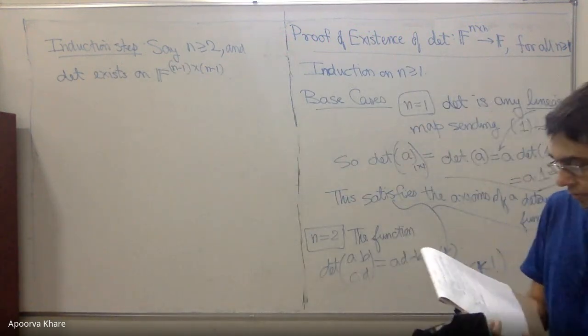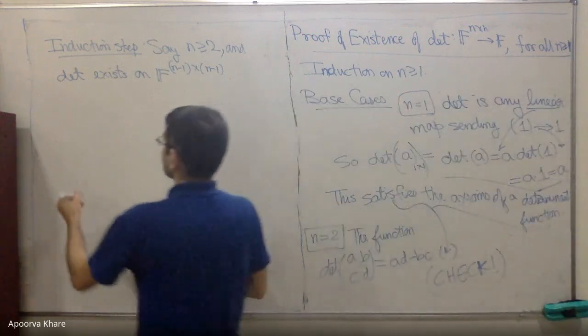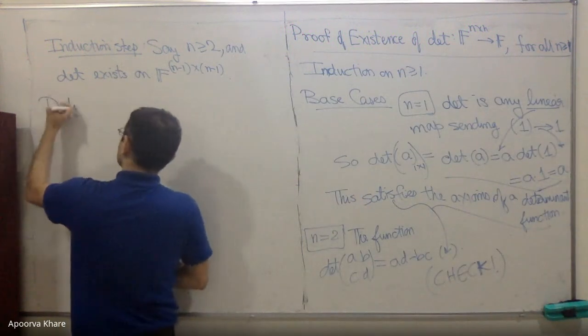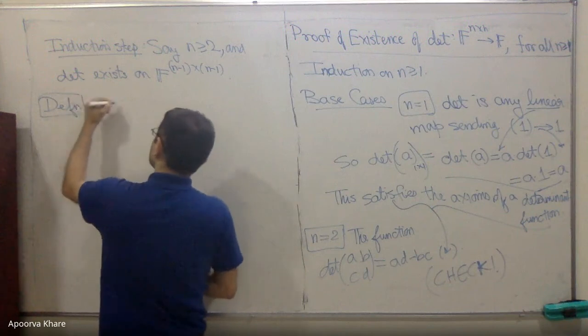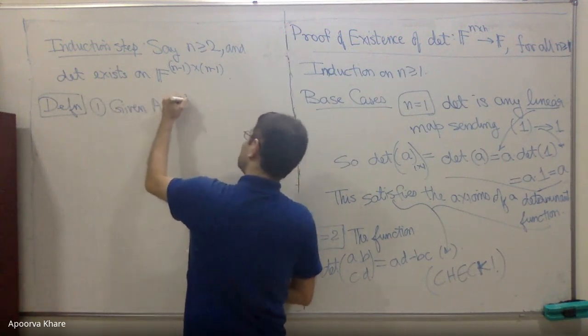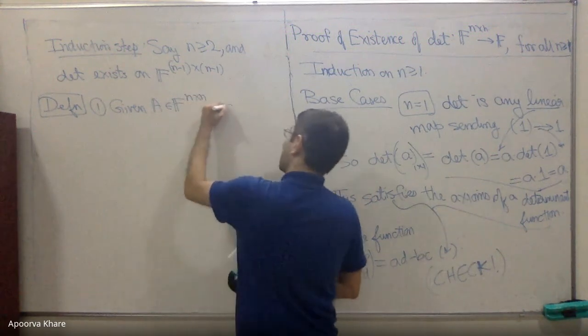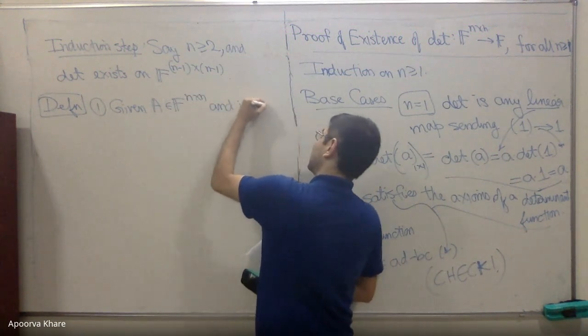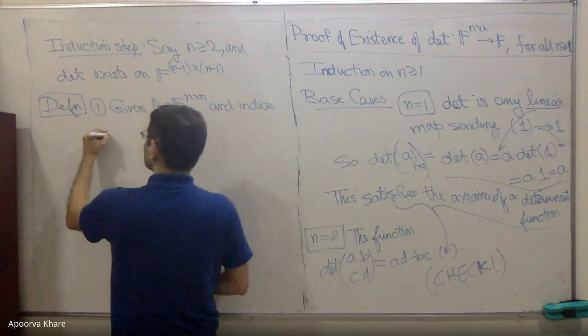Okay, now I'm going to define the following. So now here are a couple of definitions. One, given the matrix in F to the n cross n and indices i and j, I'm just defining a submatrix.